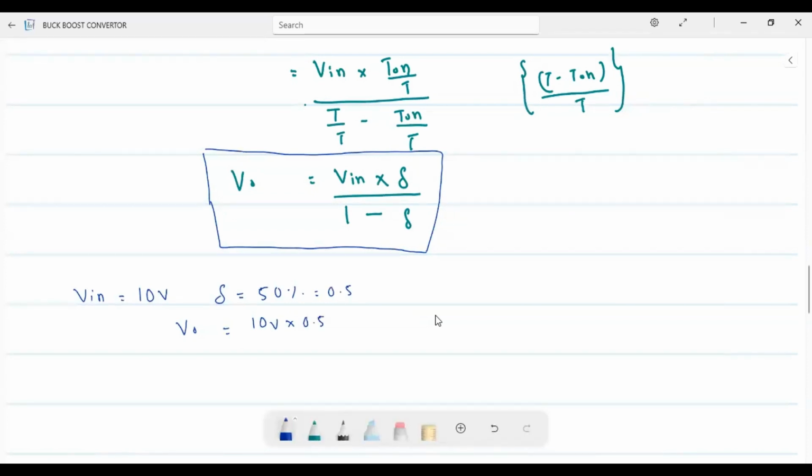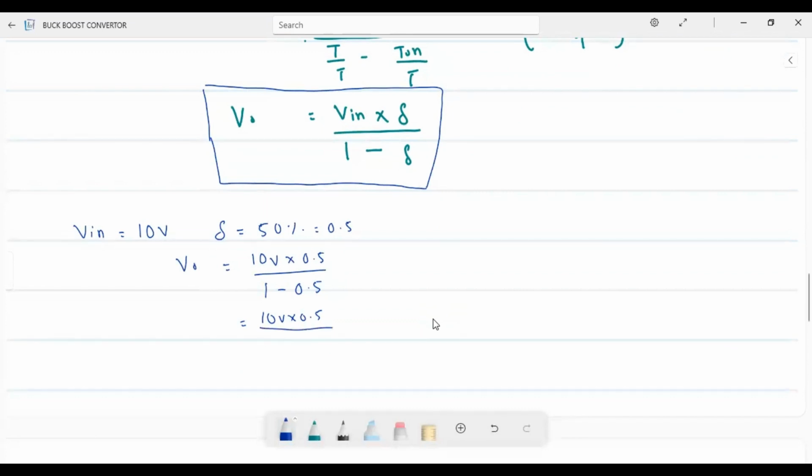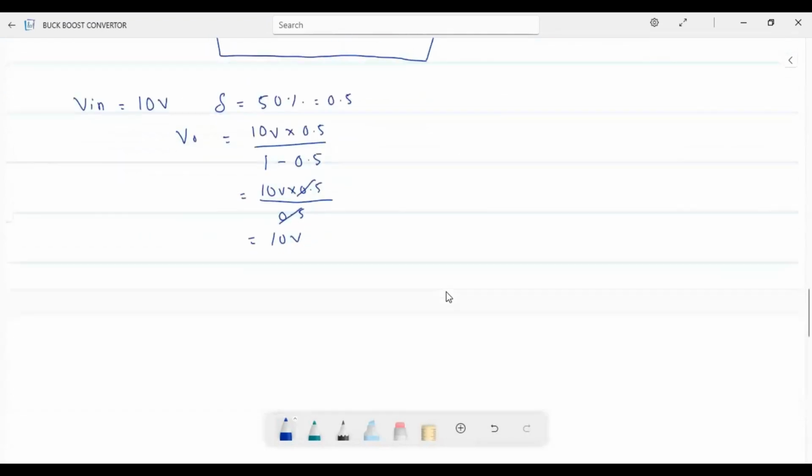That is 0.5 by 1 minus 0.5. So 1 minus 0.5 is 0.5. So 10 volt into 0.5 by 0.5 is equal to 10 volt. Here you can see your input voltage is equal to output voltage. In this condition, V input is equal to V output when duty cycle is 50%.